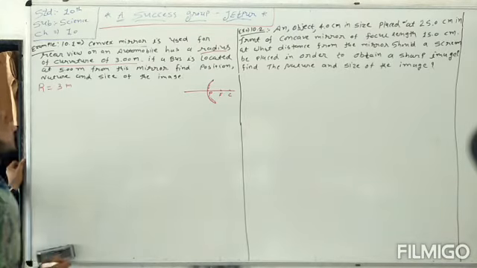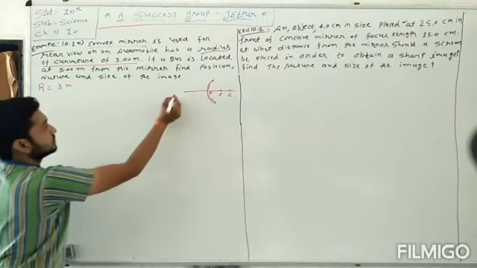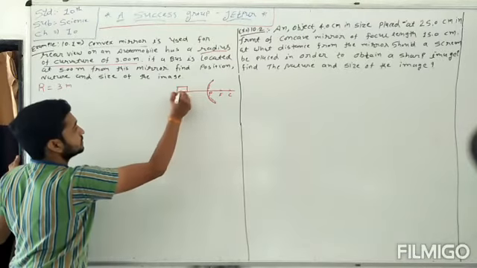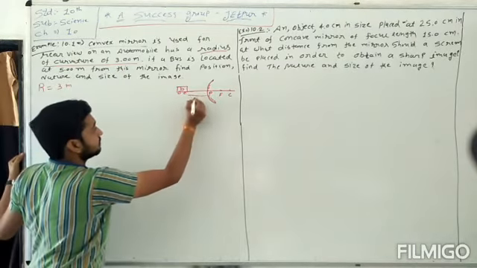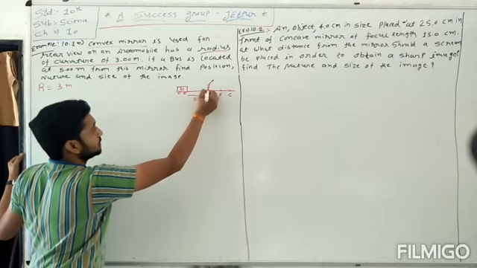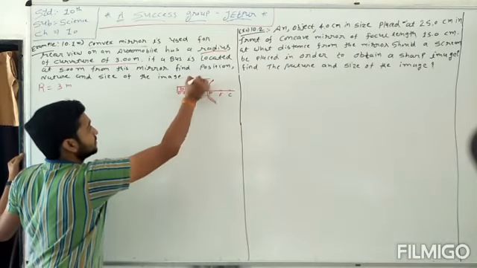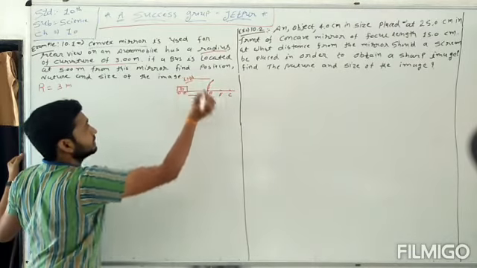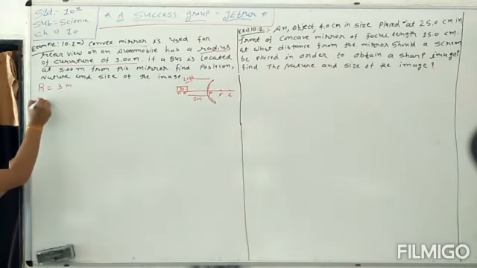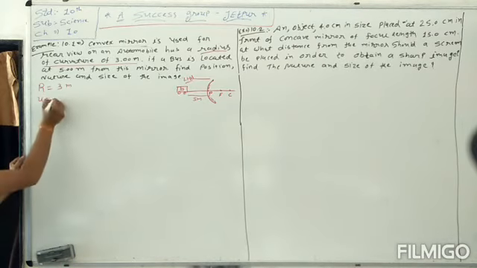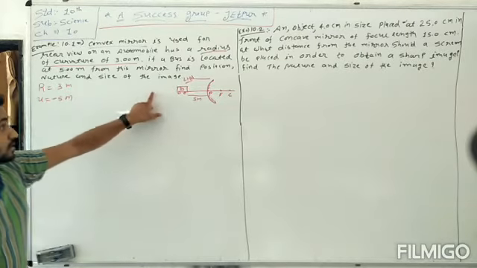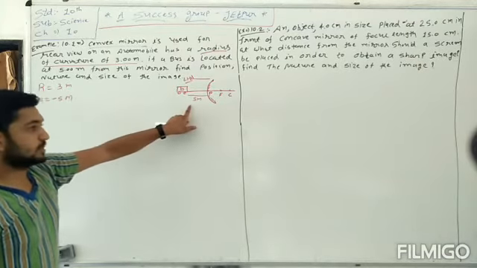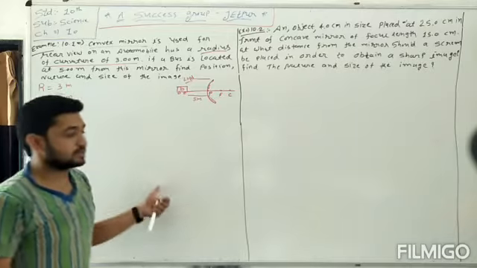If a bus is located at 5 meter from this mirror, here the bus is located and this distance is 5 meter from the origin, or the pole, but this bus is on the left-hand side. So we use here object distance u as minus 5.0, or minus 5, using the Cartesian coordinate system we discussed in the previous lecture.